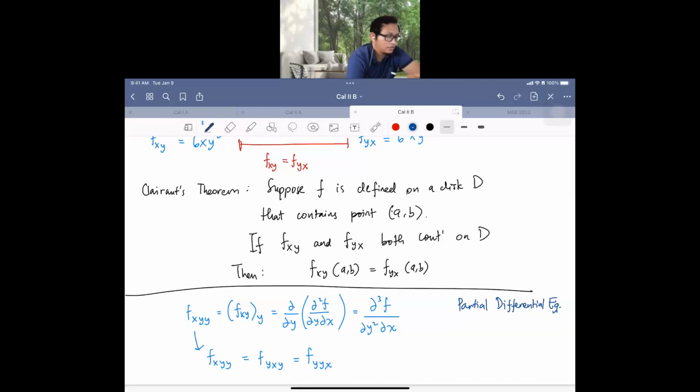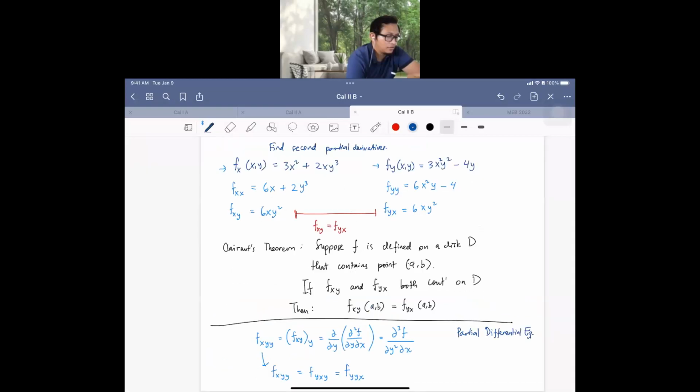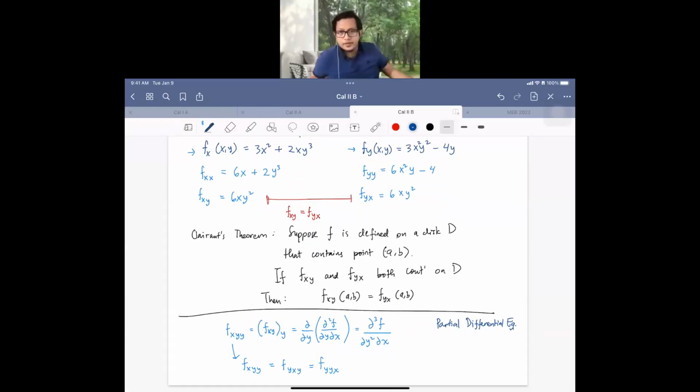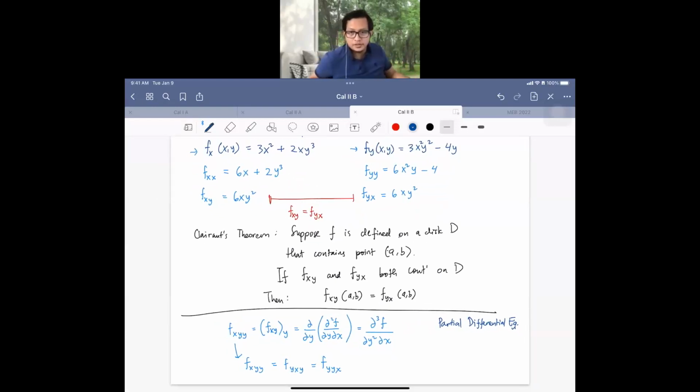So, similar to the geometry we have seen at the beginning of the class today, we are going to express how we can write down the equation for the plane through the surface of the function. Okay, if you have any questions, you can write them down in the chat box.